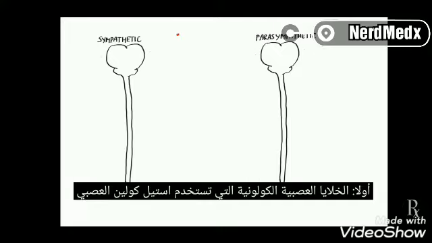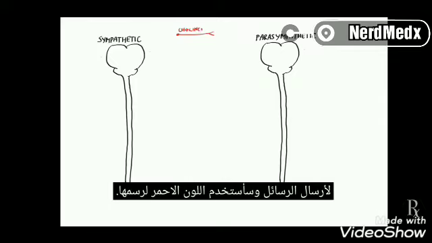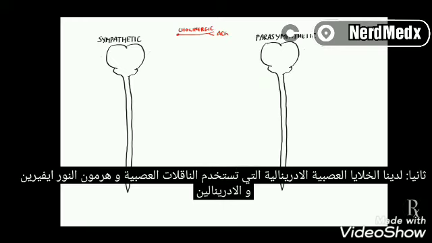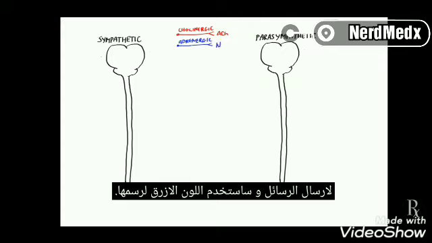First, we have cholinergic neurons, which use neurotransmitter acetylcholine to send messages, and I'm going to use the red color to draw them. And the second, we have adrenergic neurons, which use neurotransmitters norepinephrine and epinephrine to send messages. And I'm going to use color blue to draw them.